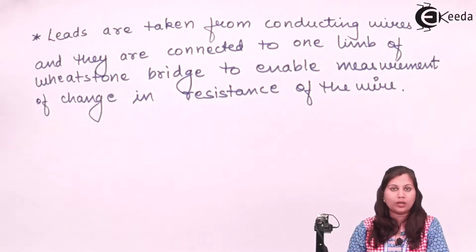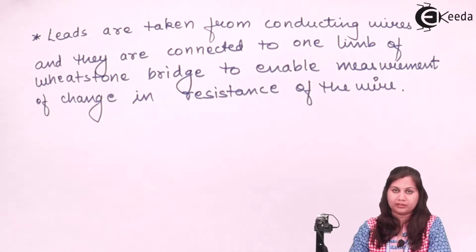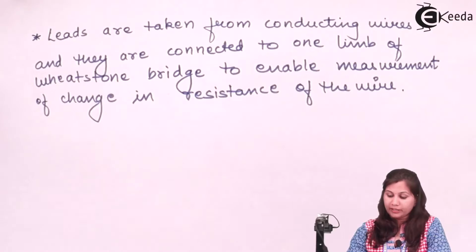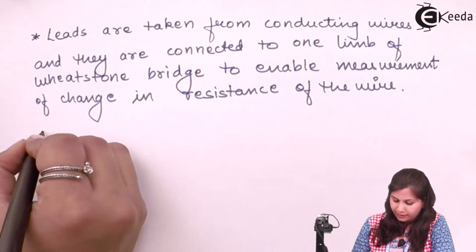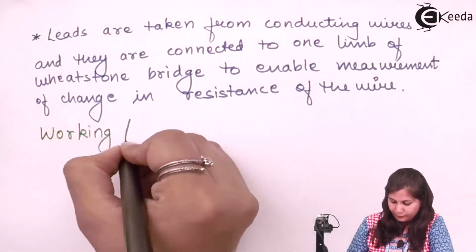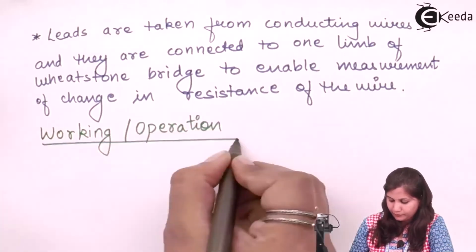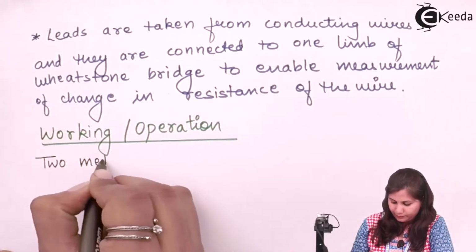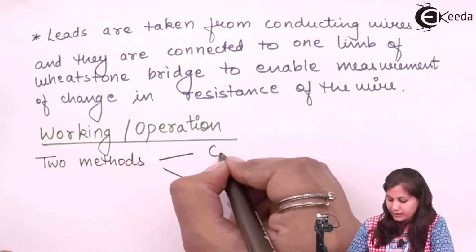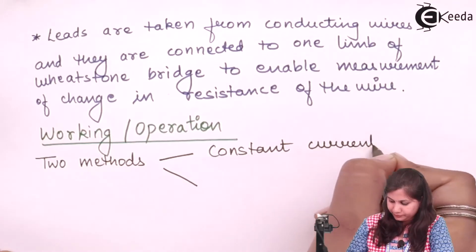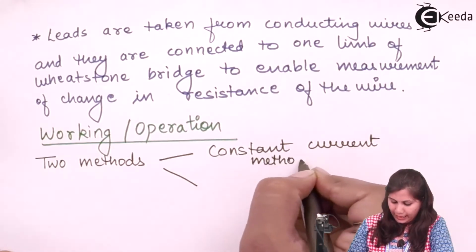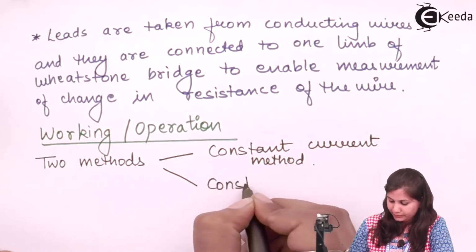Now let's see the working of the hot wire anemometers. There are two methods for the measurement of the flow rate or the fluid velocity by these hot wire anemometers, and these two methods are: one is the constant current method, and the other is the constant temperature method.